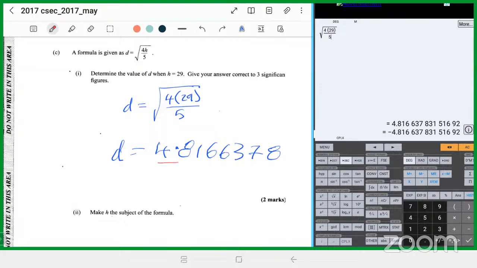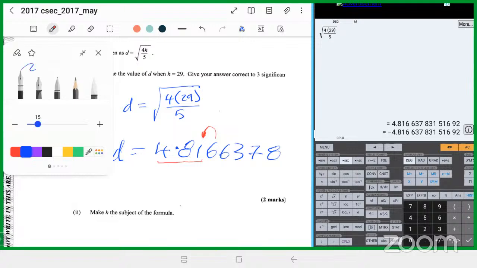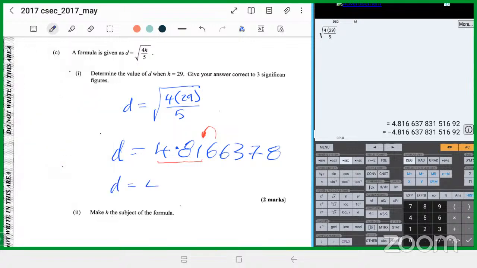So these are your three significant figures that you want to correct the answer to. Using this 6 to correct those three, 6 will increase that 1 by 1 and increase it to 2. So this becomes 4.82 to three significant figures. That's the answer right here.